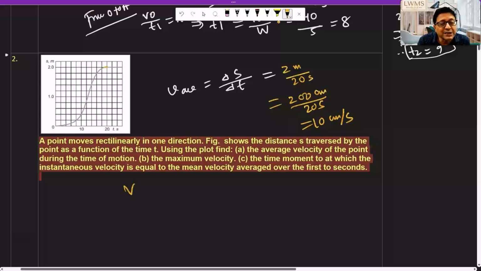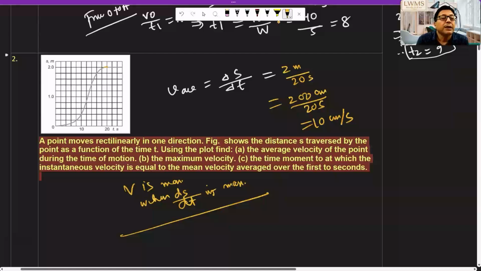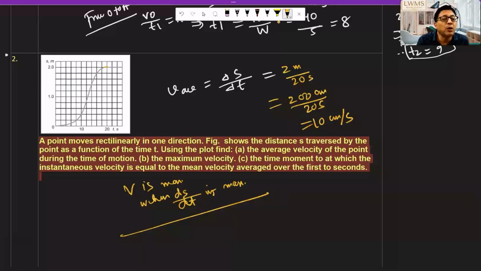So V is maximum when ds by dt is maximum. Okay? So what you have to do there? The concept I told you initially, you have to go on drawing tangents. ds by dt is slope of tangent. Slope of tangent means tan theta.